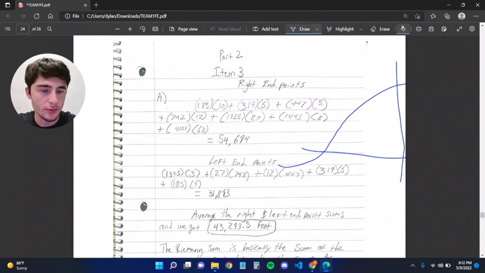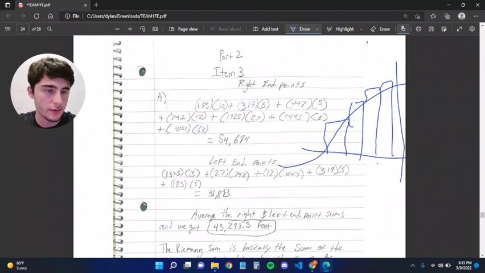So in order to do this, let's say that that's my height there. And we have another rectangle, another rectangle, another rectangle. These are not perfect by any stretch of the imagination, but bear with me.